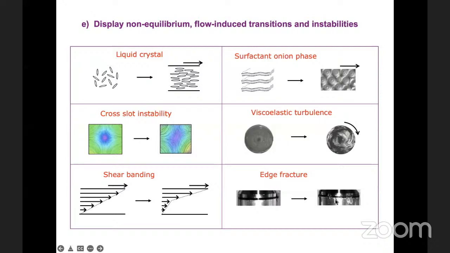So there's been an instability that's happened at the surface where the fluid meets the outside air. So as I say, this is no attempt at all at anything like a rigorous classification. The opposite, actually, it's just intended to show how many and varied these kinds of instabilities or transitions that are induced by flow can be in complex fluids.